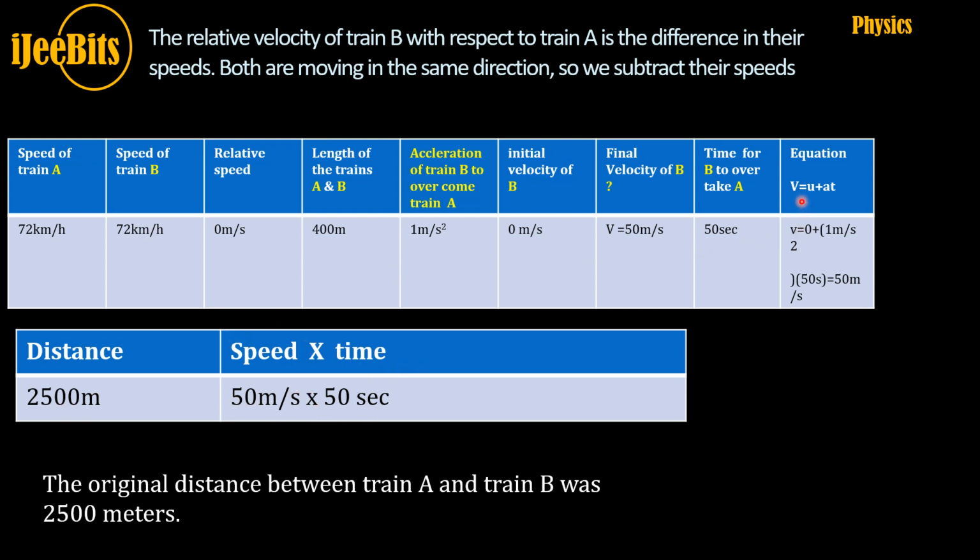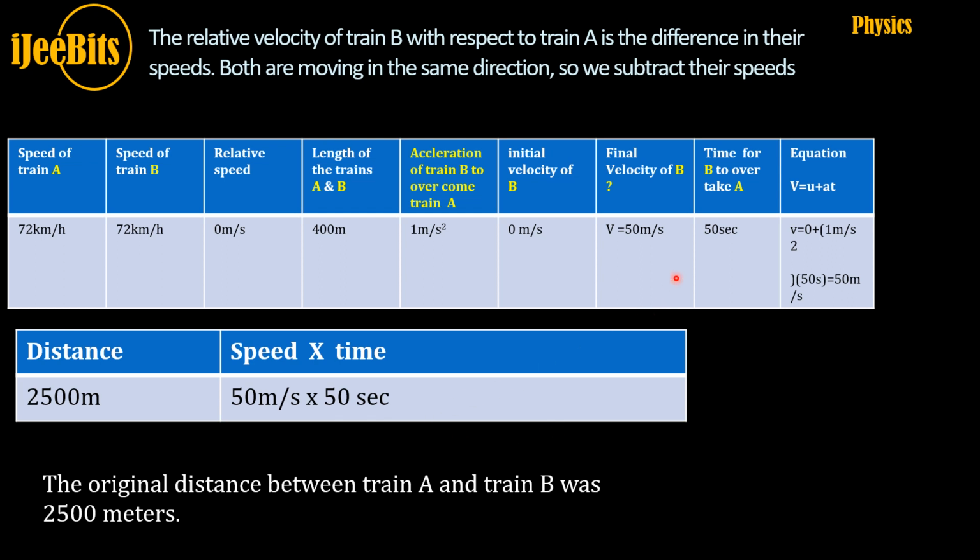Here the final velocity is equal to initial velocity plus at. Initial velocity is 0, acceleration of train B is 1 meter per second square, and the time it took to overtake A is 50 seconds. We get 50 meters per second. The final velocity it acquired is 50 meters per second.